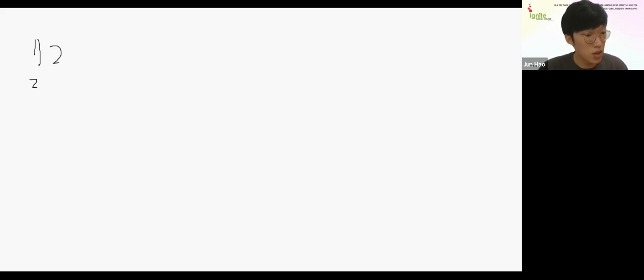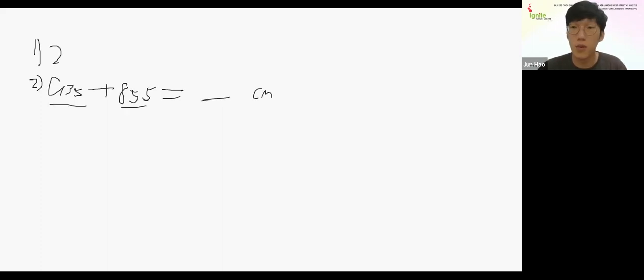Question 2: 935 cm plus 855 cm equals to what, blank cm? Both are in cm, so we don't have to convert anything, because they want it in cm.